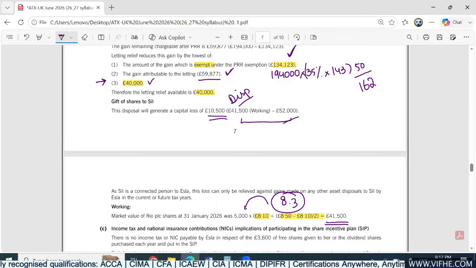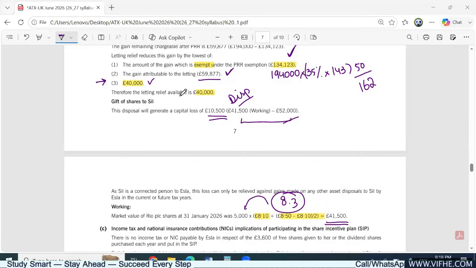And I hope you remember that whenever shares are sold for a loss, but the disposal has taken place between connected persons, that loss can only be adjusted against the gains made in the same tax year as well as future tax years, against gains from transactions with the same connected person. So this loss is not open for general adjustment; rather there is a restriction.